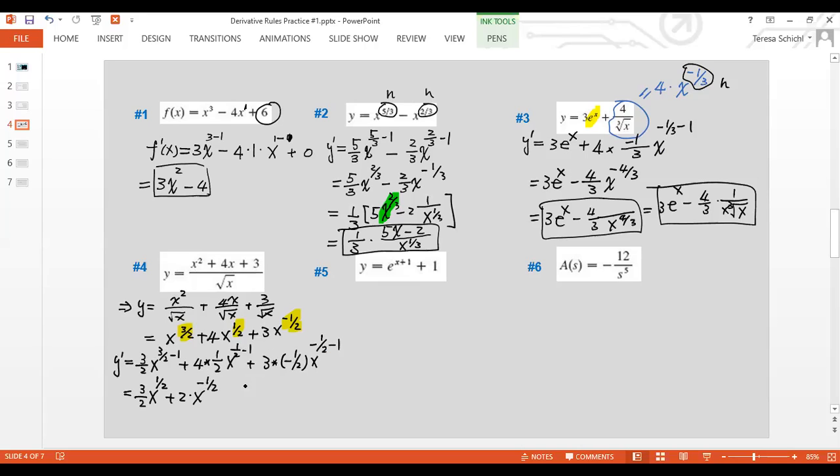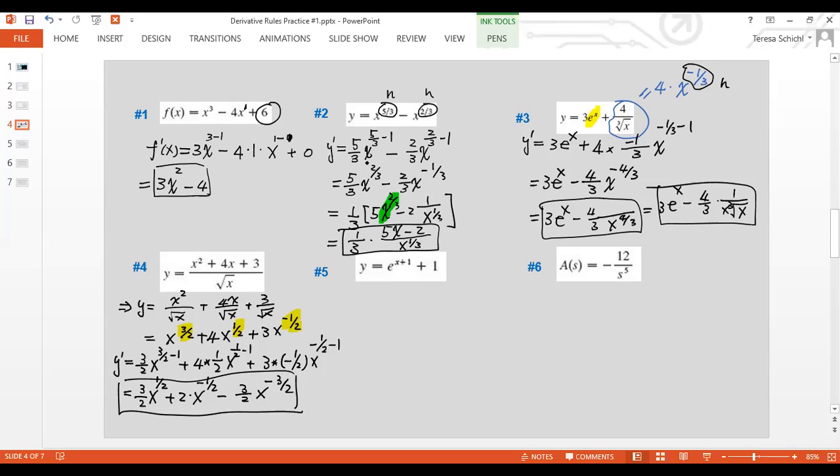And then 3 times the negative 1/2 is 3 to the negative 1/2. So what is negative 1/2 minus 1 is negative what? 3/2. All right, so that will be, like I said at the introduction video, all the problems in this unit are pretty mechanical, okay?